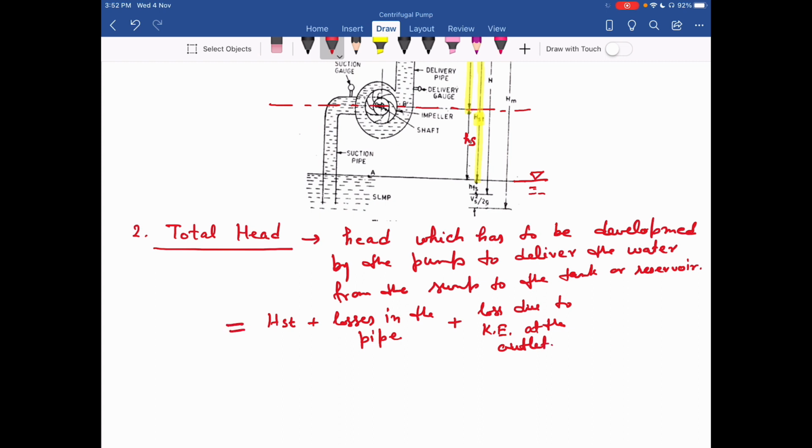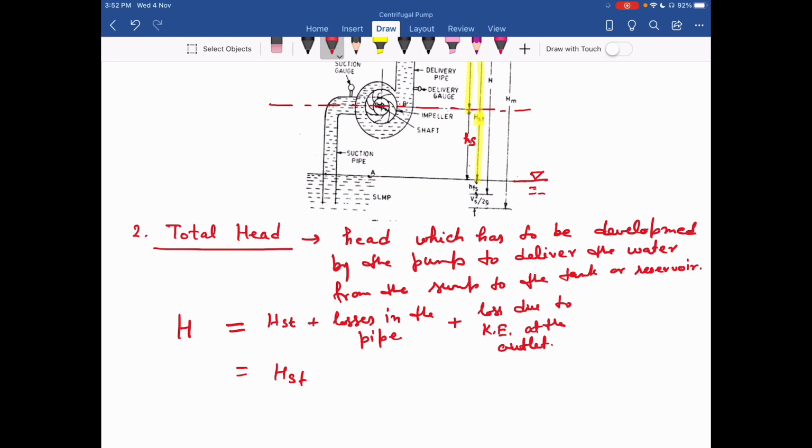So that becomes my total head H. Okay, so you can see this is equal to HST. Now the losses in the suction pipe, that is the frictional loss.